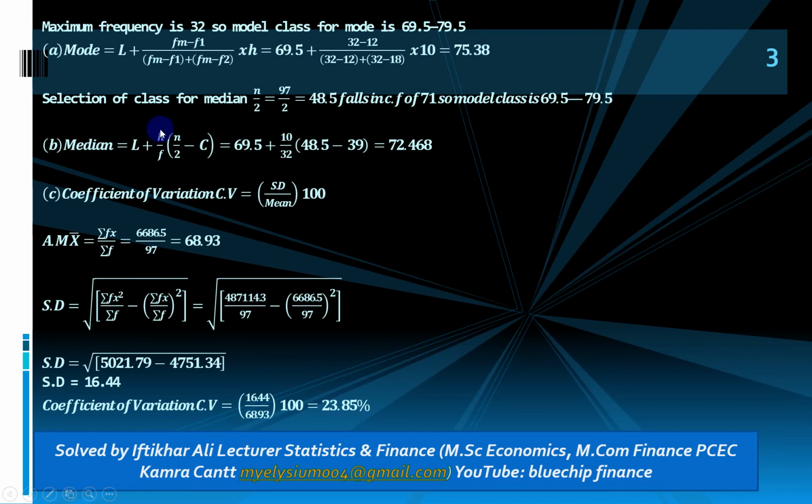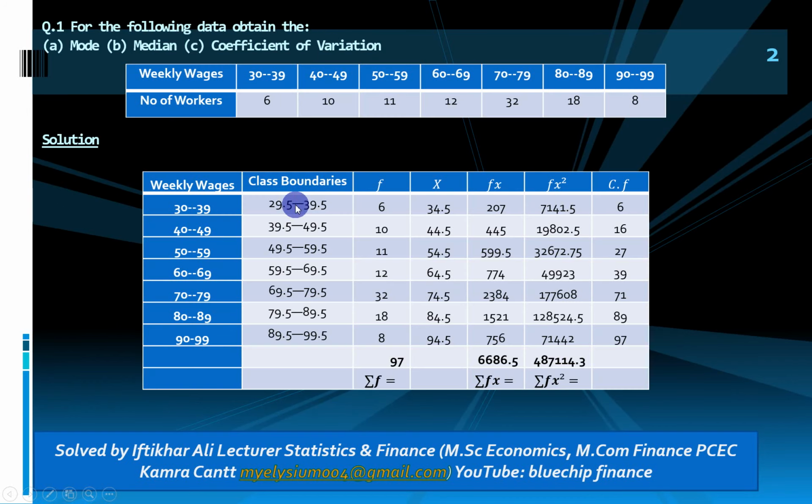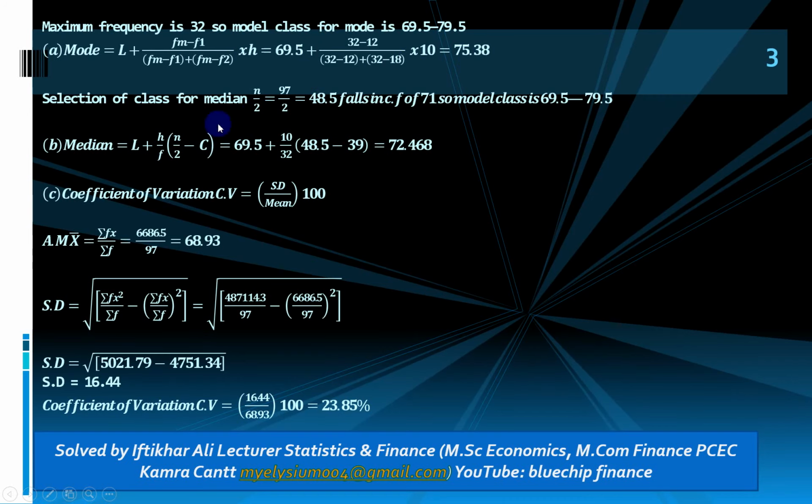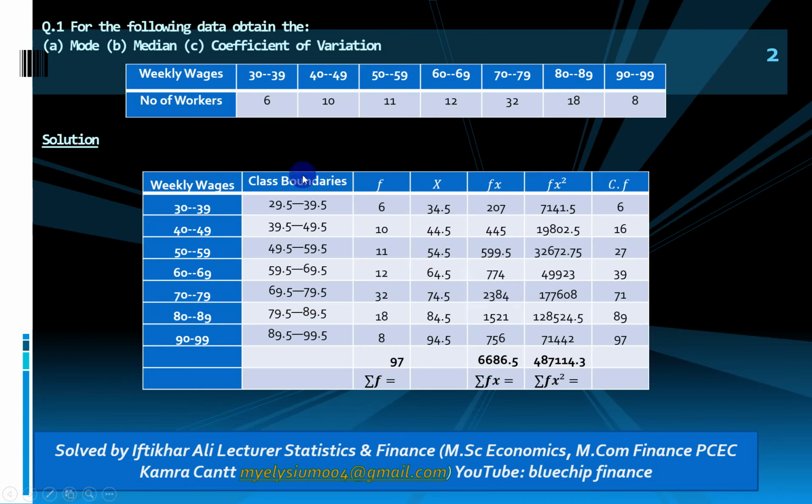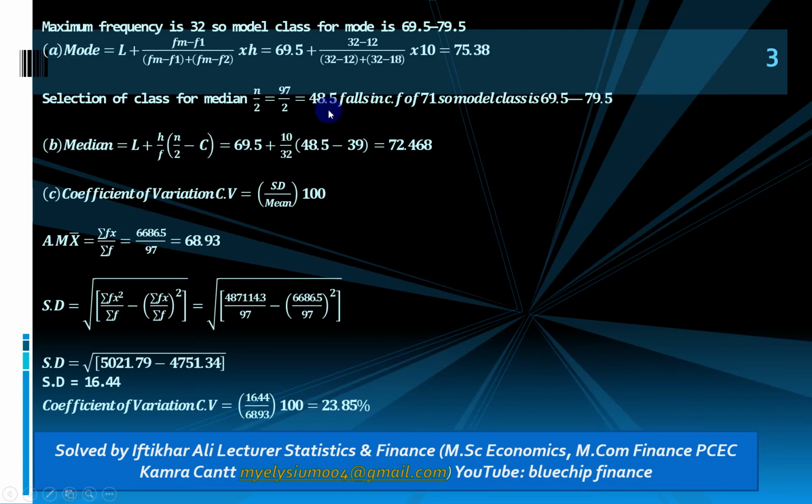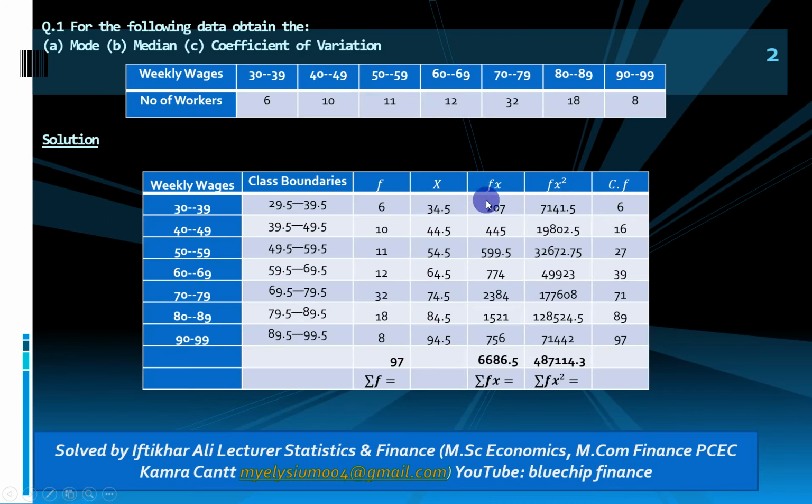Second, median. For selection of the median class, we just calculate n by 2. n is equal to the sum of f, so 97 by 2 equals 48.5, which falls in cumulative frequency of 71. So here the median class is this and C will be 39.